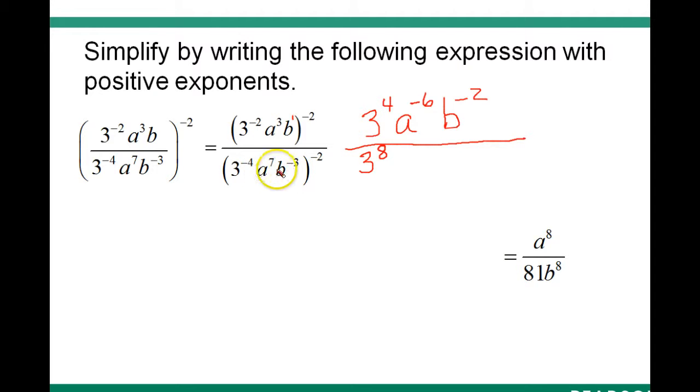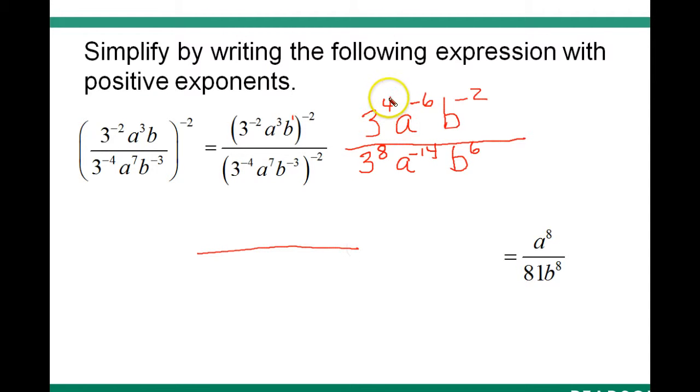And this becomes a to the negative 14, as I multiply the 7 times negative 2, and this becomes b to the 6th. Now what we want to do is simplify in here. We want positive exponents.